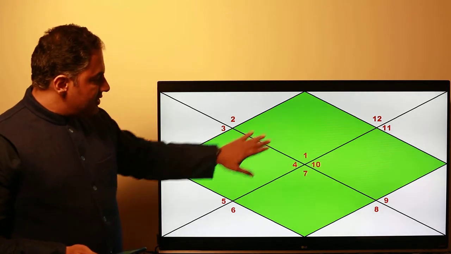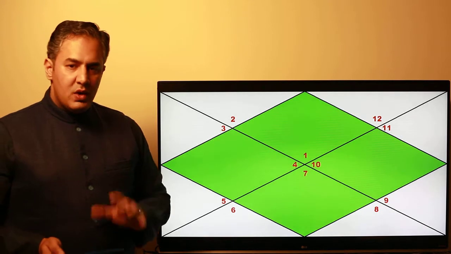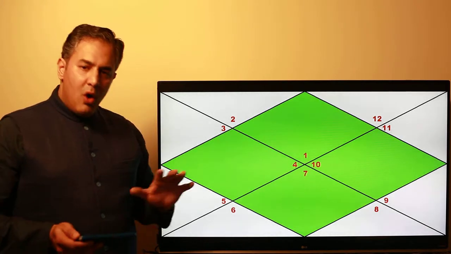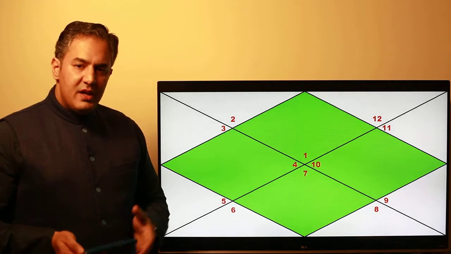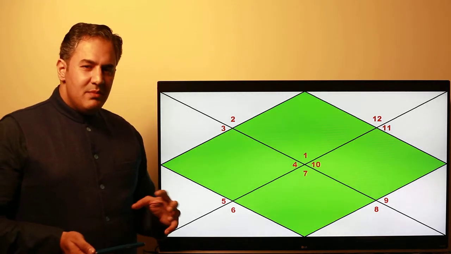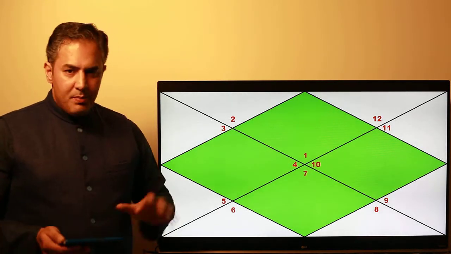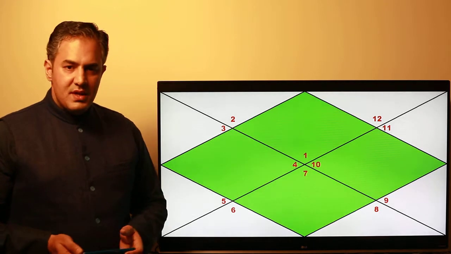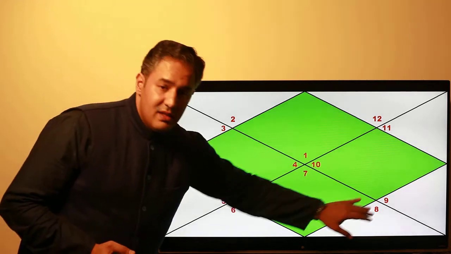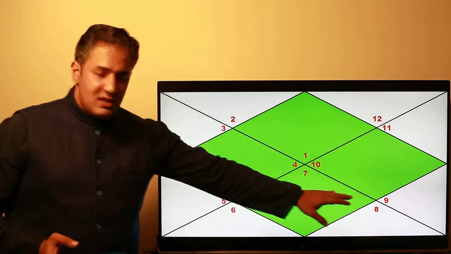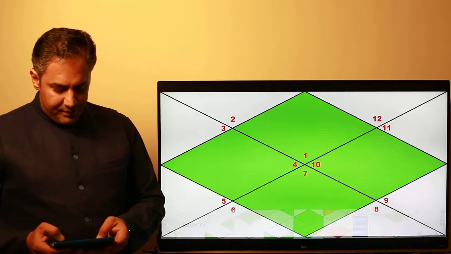The first house, the fourth house, the seventh house, the 10th house, these houses are quadrants. Now these houses are also good houses, but depending on what kind of planets are involved, sometimes their role shifts a little bit. These are good houses, not bad houses. These are definitely good houses, but not like the trines, the fifth and the ninth, which are always good. But these houses are also considered good.